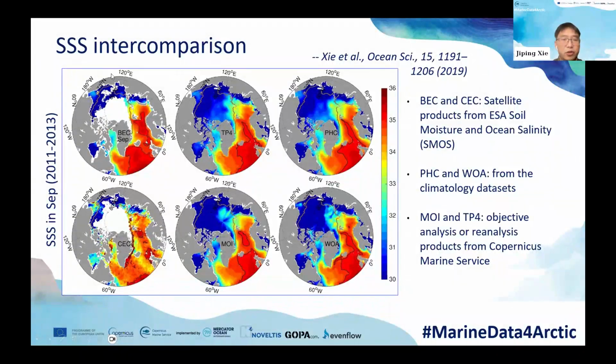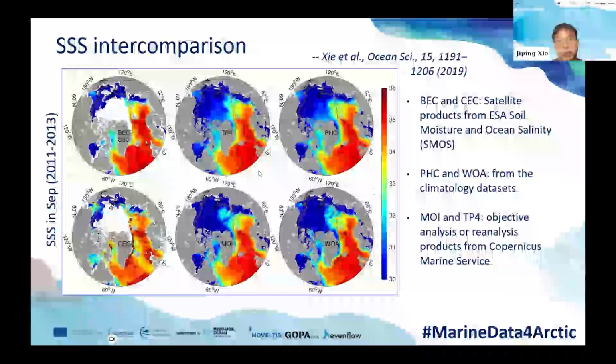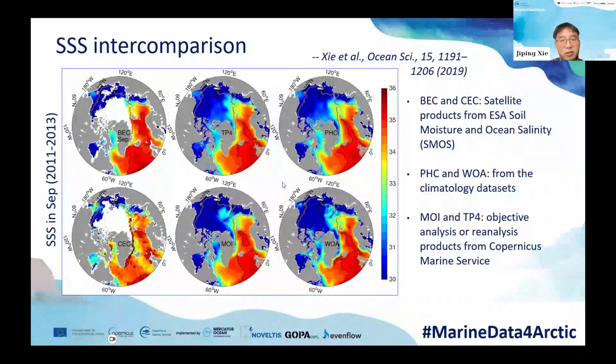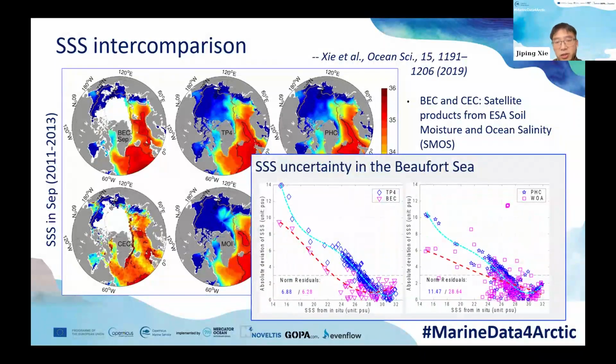The left panel shows satellite results in September, the one month average. So of course there is still some difference, because of the visualization. And here I just highlight the scatter plots.